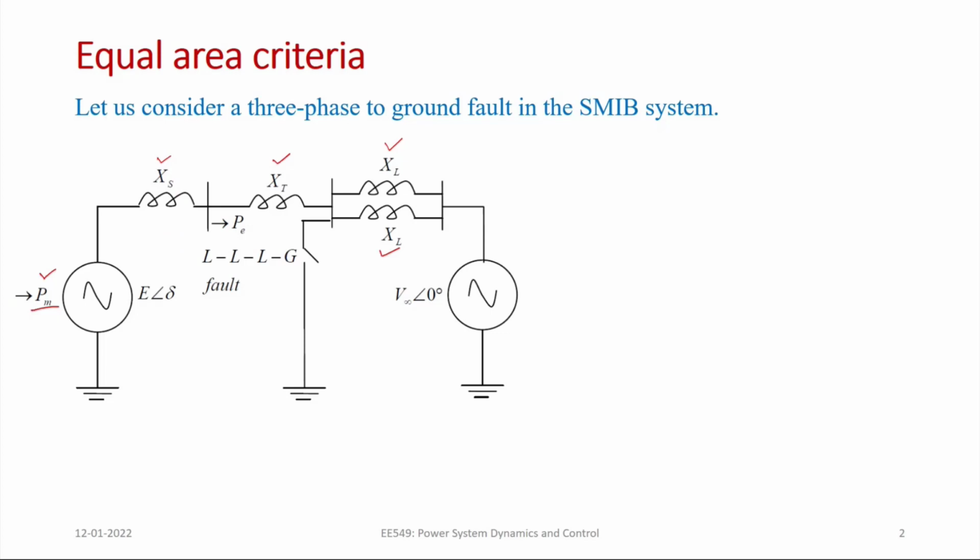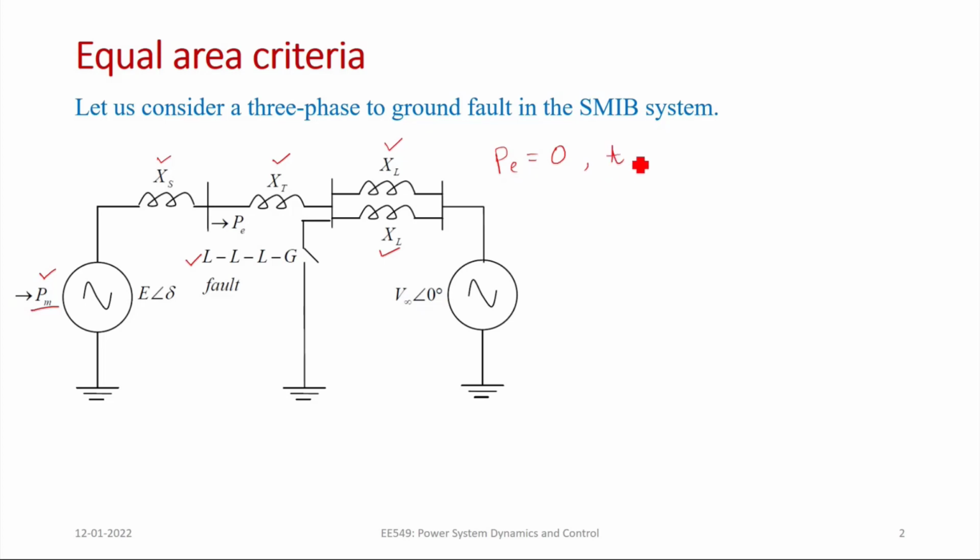Okay, so now if the fault occurs at the terminal of the generator, that is at the terminal of the transformer, let us say the fault is a three-phase to ground fault. Then in that case your P will become equal to 0 when the fault occurs.